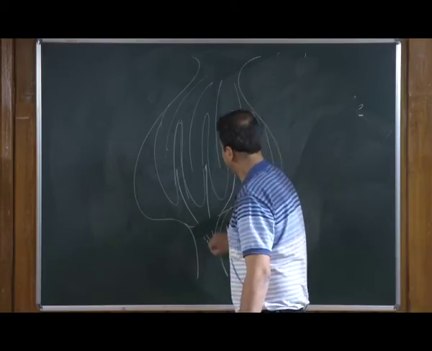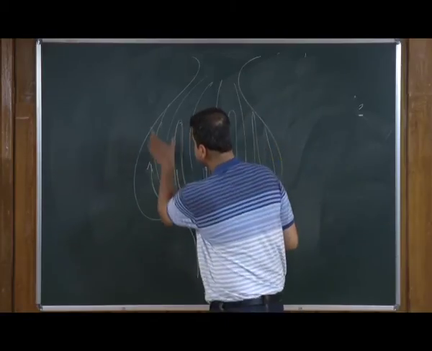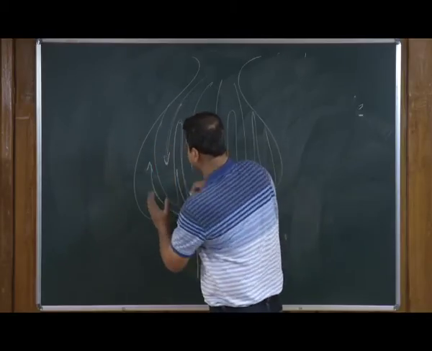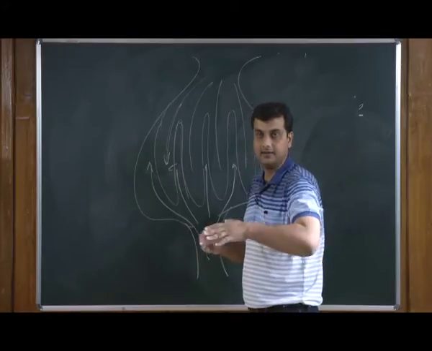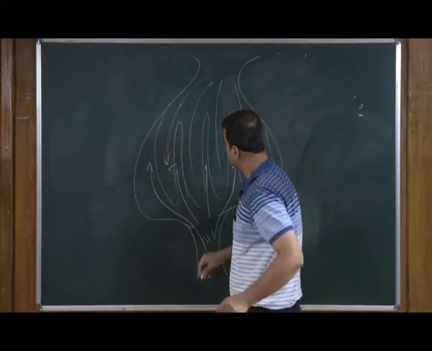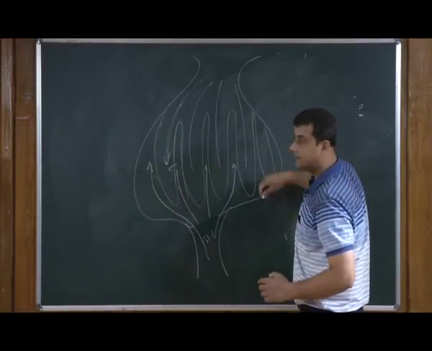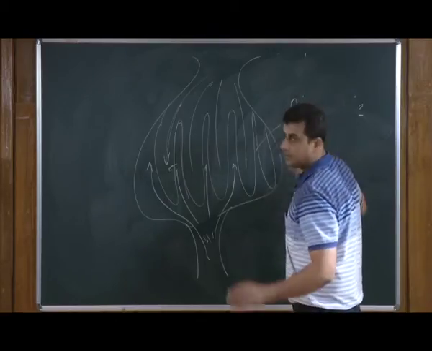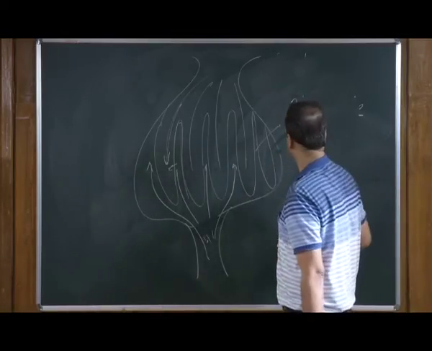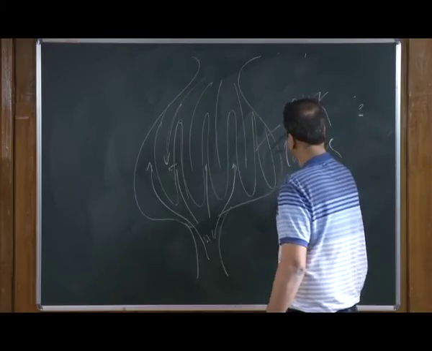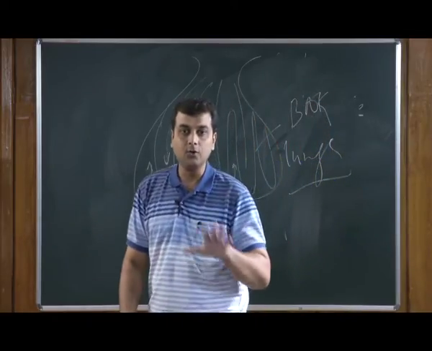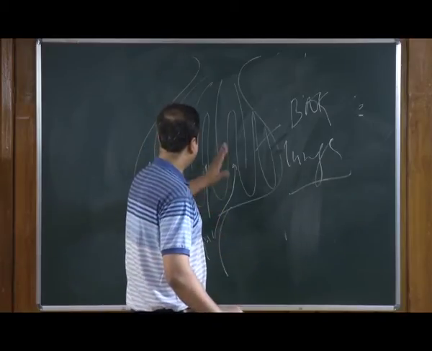So, air is coming. Because the blood and the air are running anti-parallel, there is an exchange of gases here because of the very thin membrane. Because these are like flaps, like pages of a book, they are called book lungs, because the function is quite similar to what we know in lungs, exchange of gases.